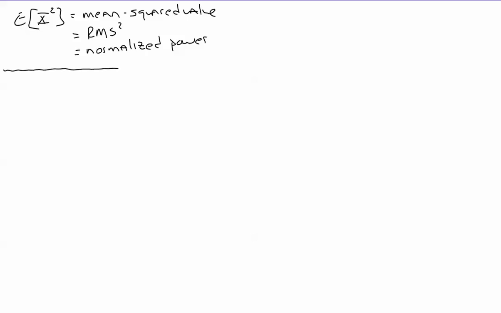Recall a simple circuit. I've got some voltage V, and I'm going to drop that voltage across some resistor R, and that's going to give me some current I. What is the average power dissipated by my resistor R?